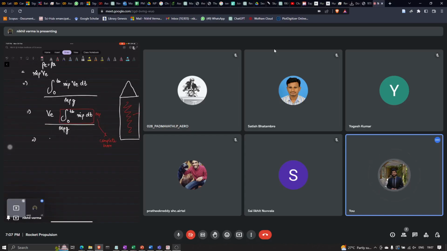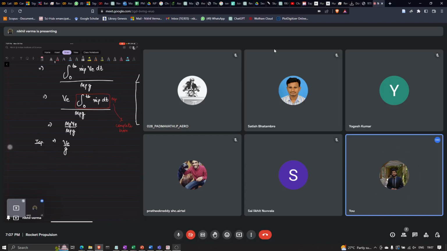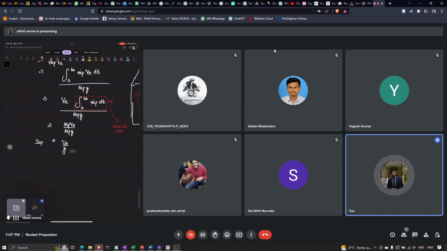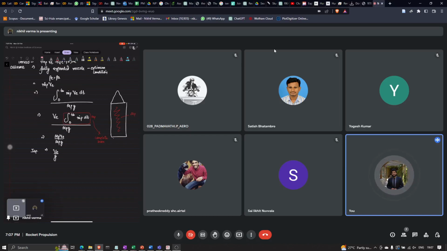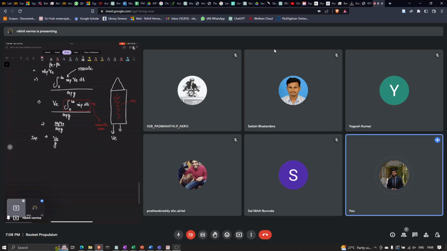So this will be MP VE by MP g. This is just V by g, which is equal to ISP. This is clear, right? This VE is just the exhaust velocity, where m dot P is the mass flow rate through the nozzle. If you integrate over a time, this will be equal to the mass of the propellant itself, right? What we are carrying.